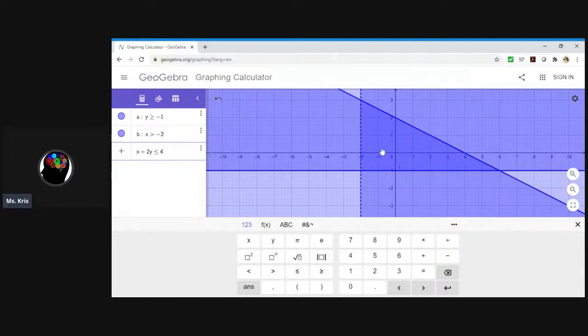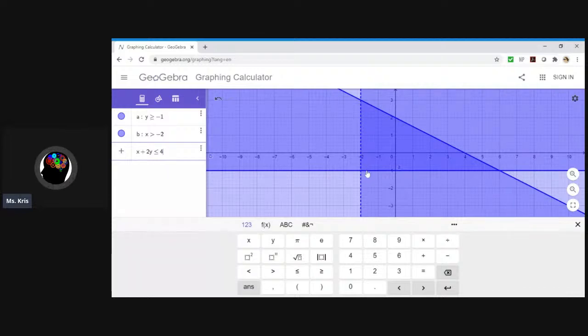This allows you to see this region where all three meet and touch. That is considered your graph portion, which makes a triangular shape. So you have the region that is to the right of x equals -2.